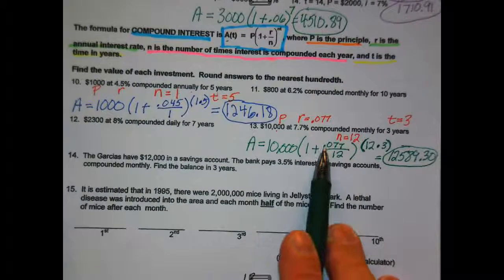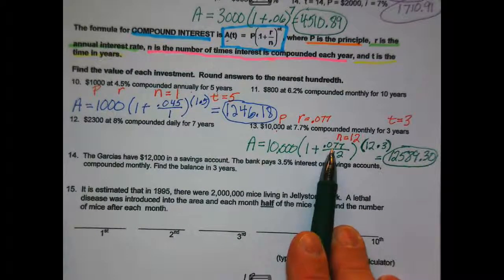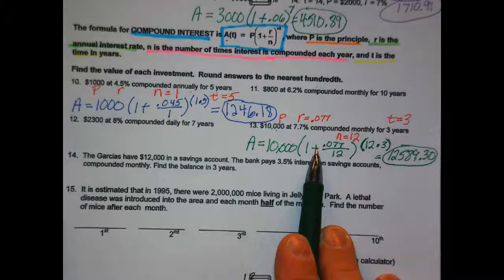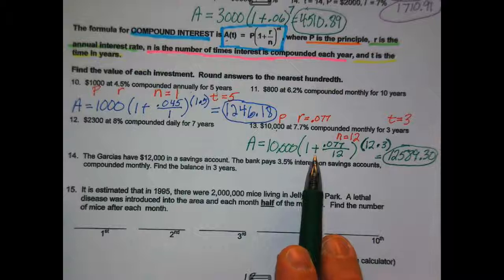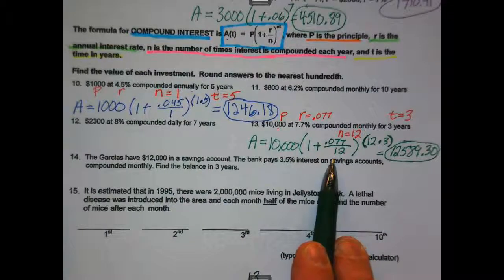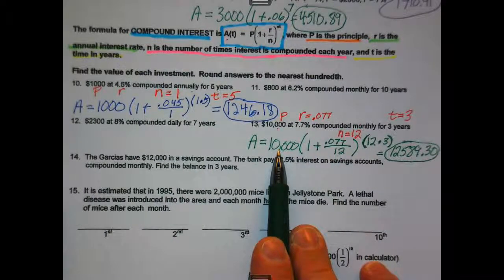You've missed a decimal, possibly 0.77 instead of 0.077. You put 10,000? Put 10,000, right?